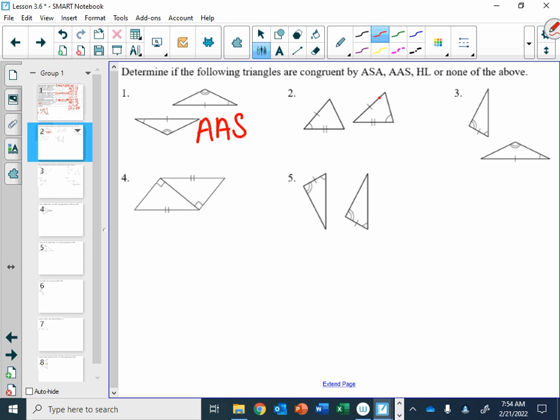If it were angle side angle, I would need the angle that's formed by those two sides. Since that angle is not there, I can't say it's angle side angle. First of all, the angle's not even the same for both of them. So because of that, I would say none.